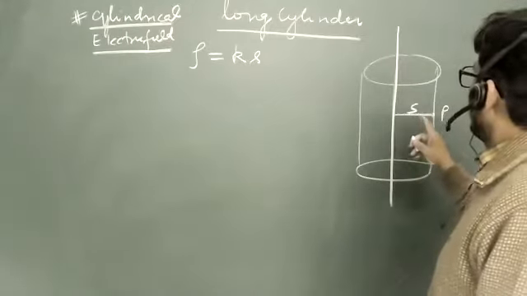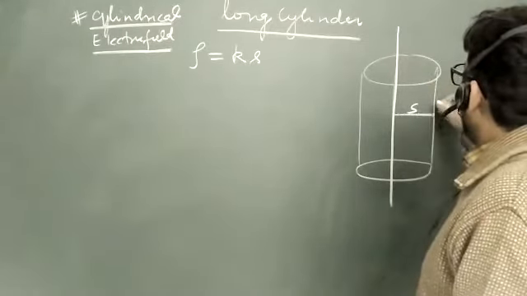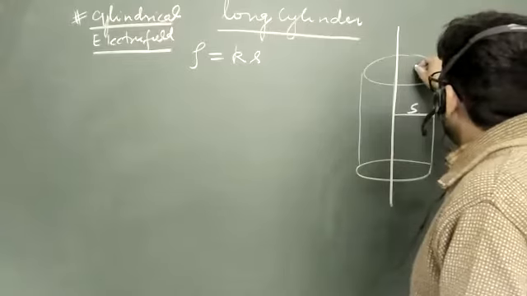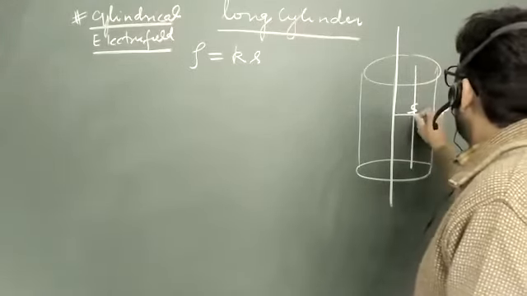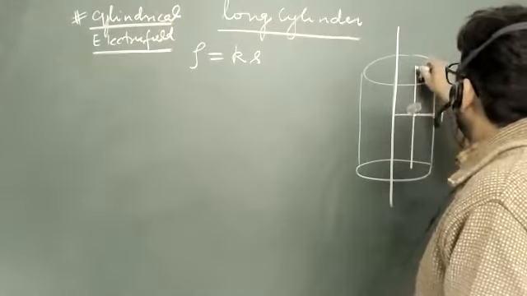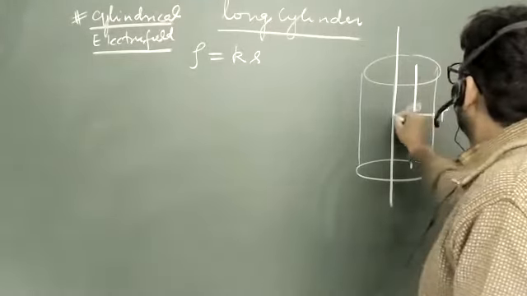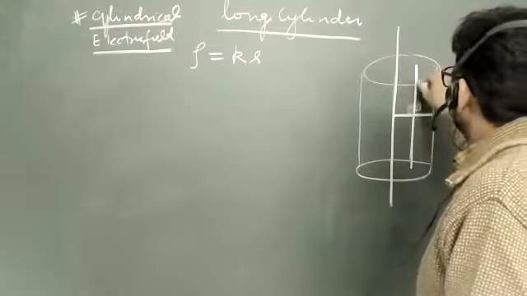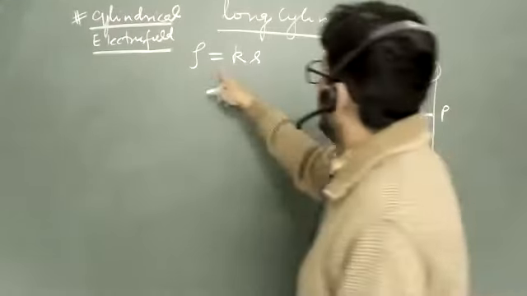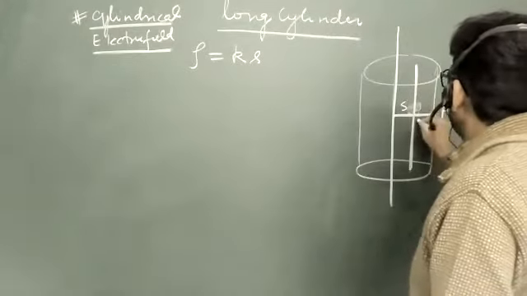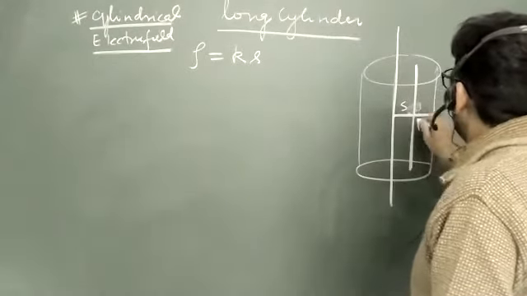I want the electric field at some inside point, somewhere here. This is the total cylinder. Suppose this is the point S, because rho is a function of S. So this is the point P where I want to calculate the field.